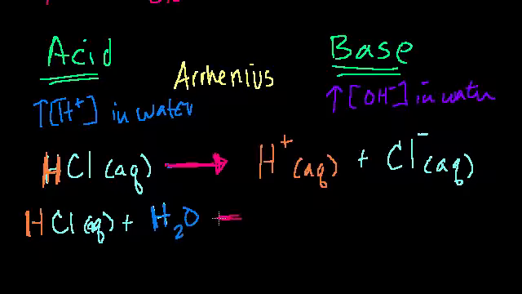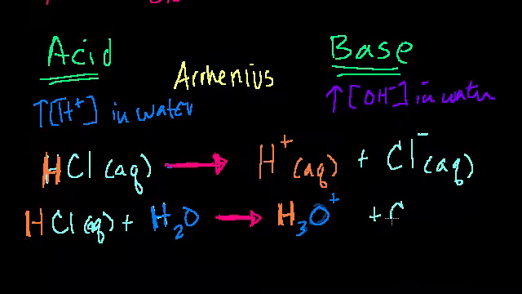It's a one-way reaction, and then you end up with H3O plus. Obviously, not all three of them are. It donated its hydrogen proton to this water molecule, and then you have plus the chloride anion in aqueous solution.